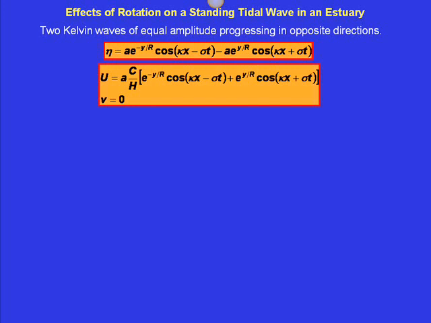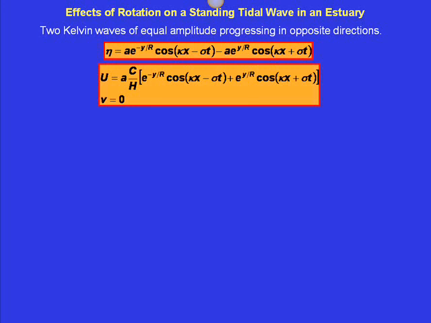So this c over h would be around 1. So the current would be around 1 meter per second. And that's not unusual to observe. So this is a useful relationship to use, even though it's quite simple, that you can estimate how strong the tidal currents in an estuary will be just by looking at the depth and the amplitude.